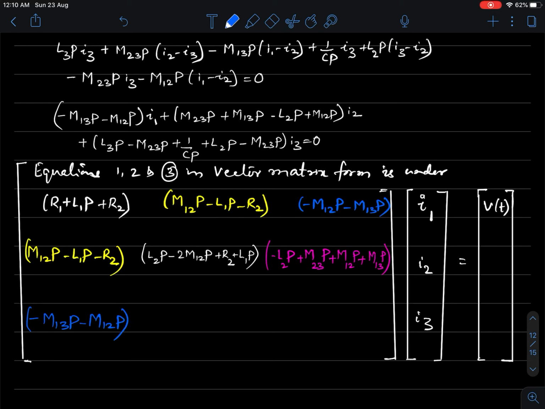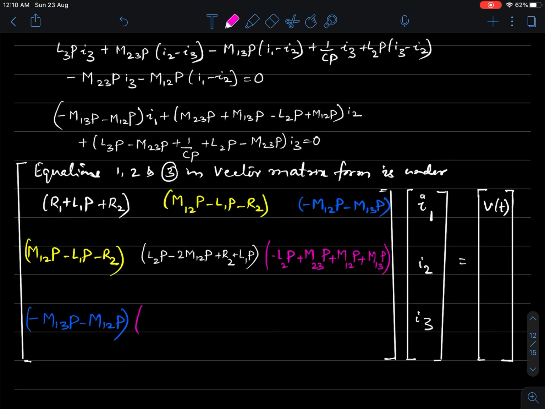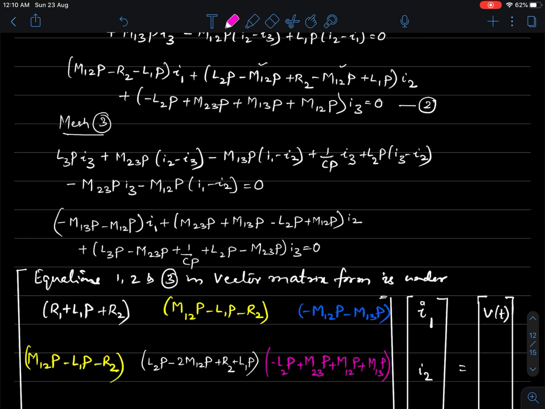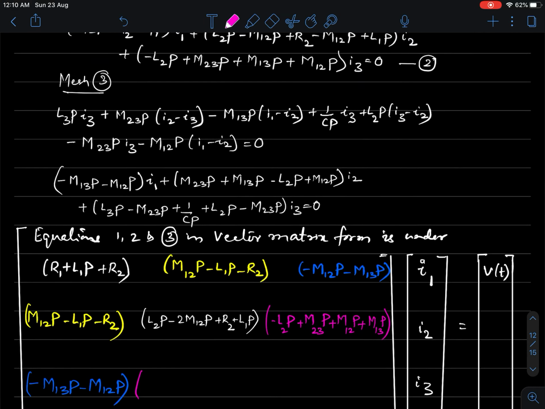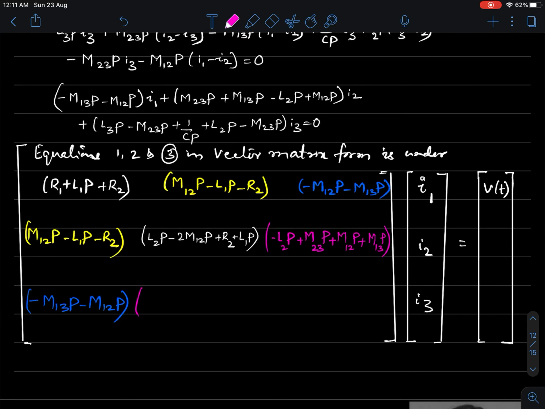The coefficient of I2, I'll pick up this pinkish color, which is a little gaudy, doesn't matter. This I may have to write as L2P minus M12P, the coefficient of I2.